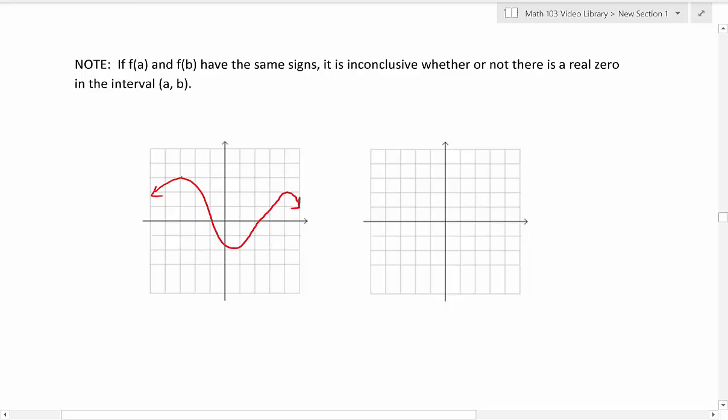So we could have a graph that looked like this. We have a positive f(a) and a positive f(b). So this one actually has two spots where it hits 0 in between a and b. But we could also have a graph that looked like this.